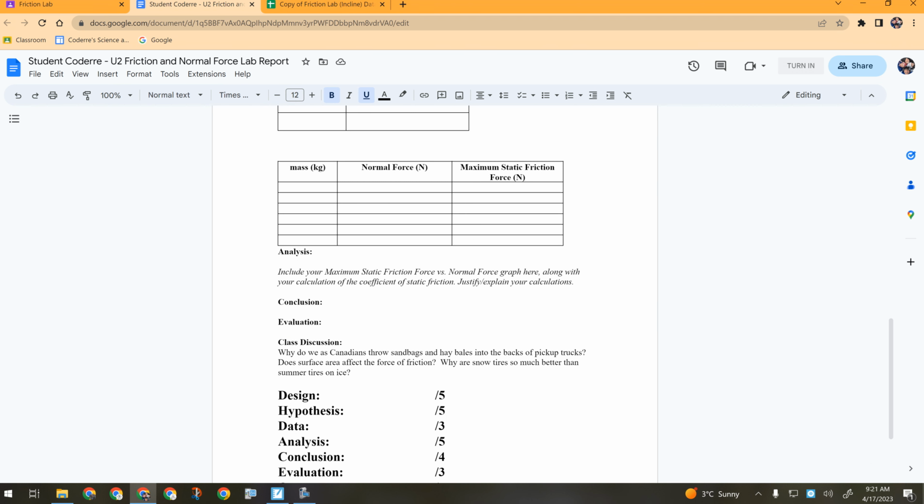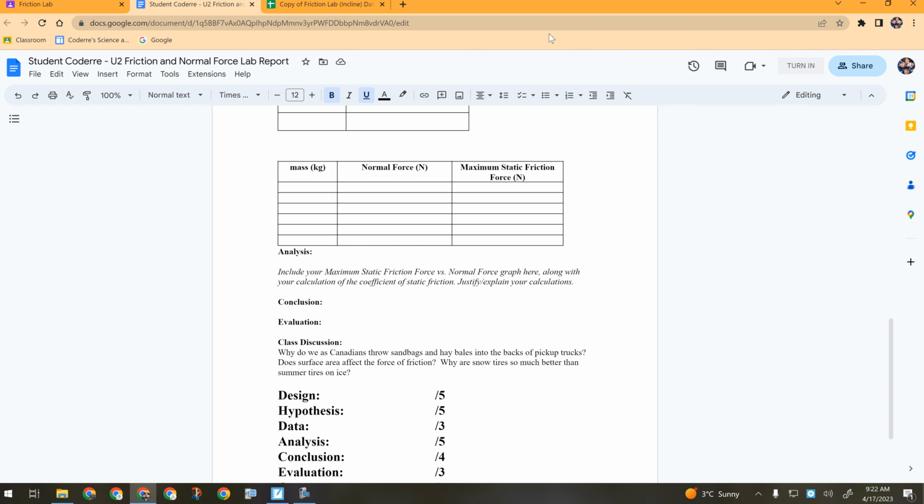For your evaluation, 2 sources of error and ways to fix them. I'm going to help you out a little bit here. Some things that could be important: are these ramps perfectly uniform all the way along? No. Did you use the same part every time? Did you make sure your sled was in the same part, or did you just go to the next spot after it slid, and the next spot?